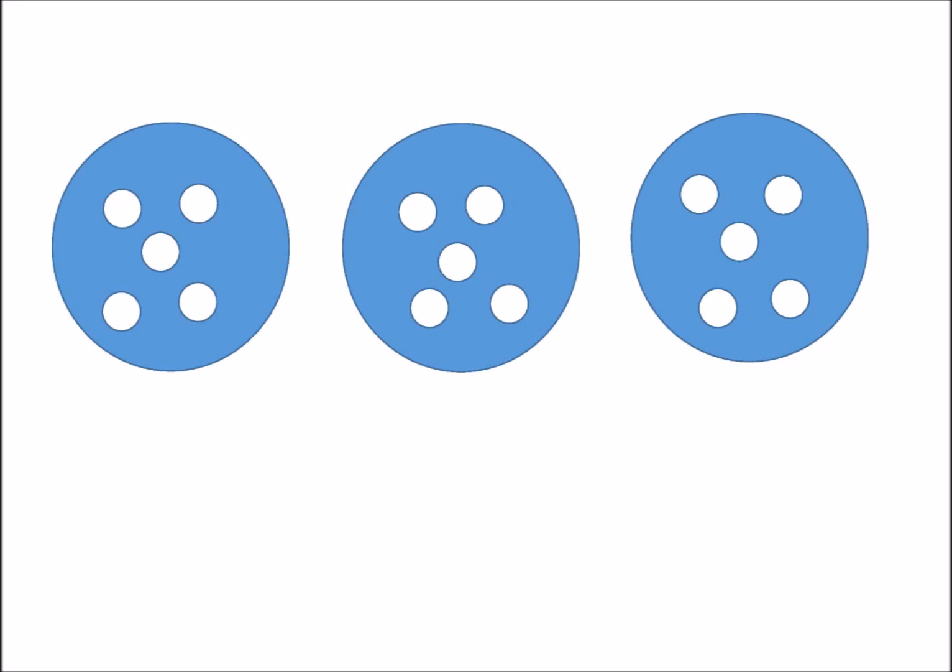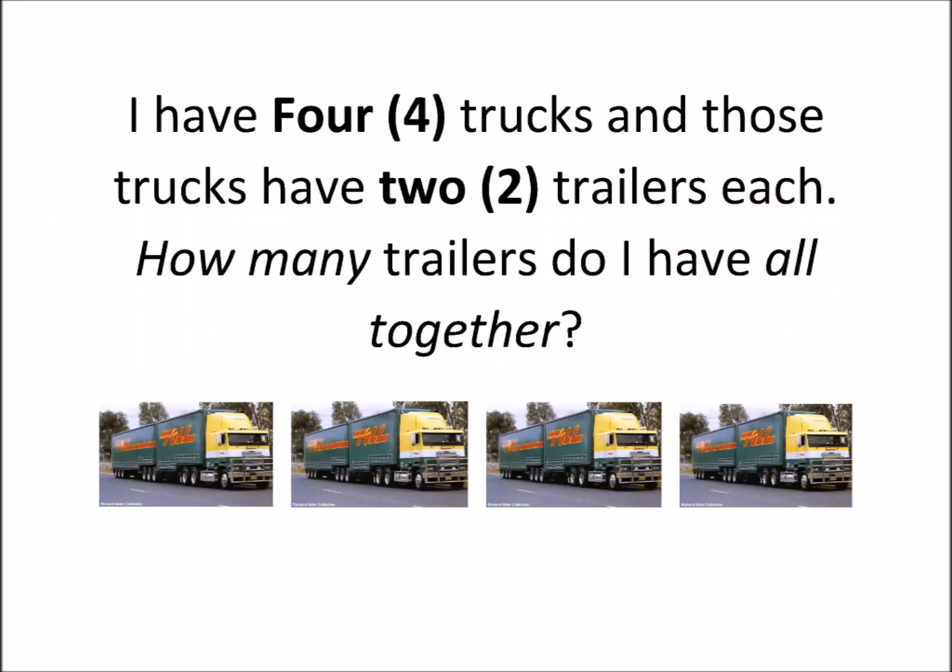Try another one. I have 4 trucks and each truck has 2 trailers. How many trailers all together? How could we work this out? That's right. First, we draw our groups. So if I have 4 trucks and each truck has 2 trailers, how many groups do we start with? 4.